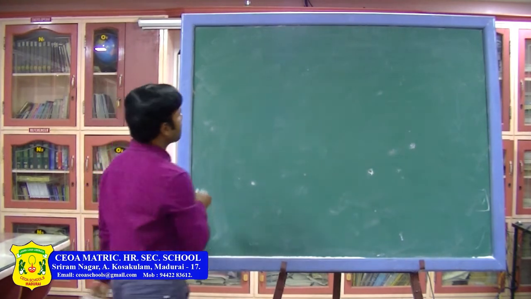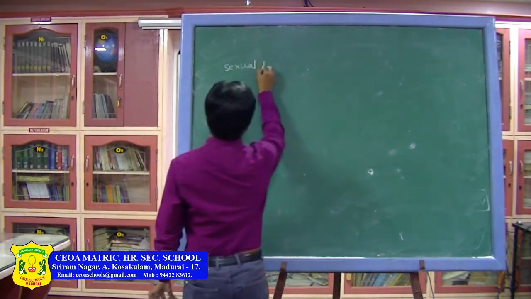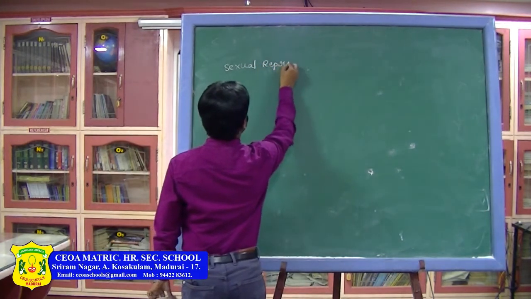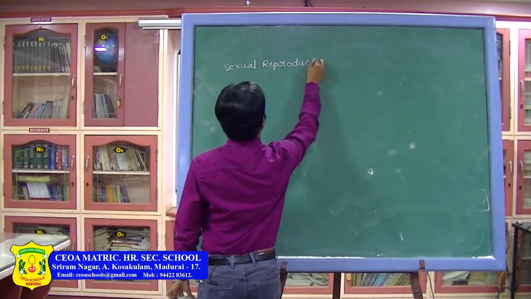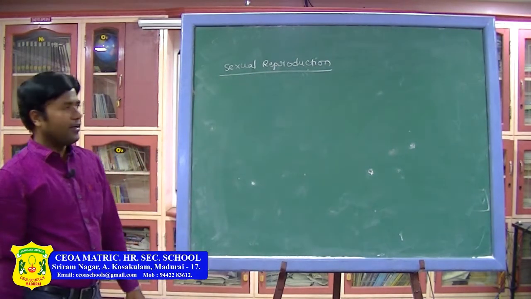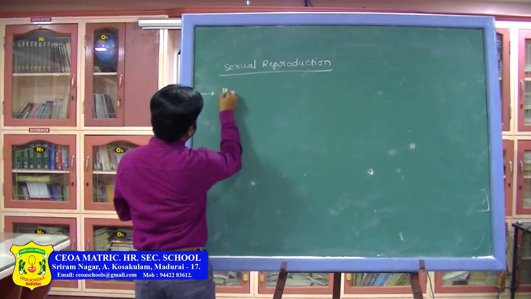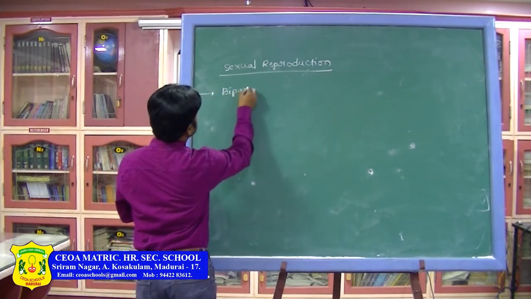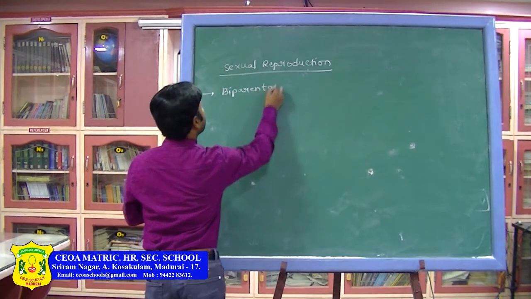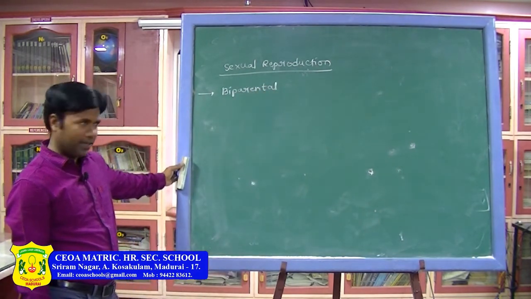Now let us see sexual reproduction. Here it is biparental, whereas the asexual mode of reproduction is uniparental.